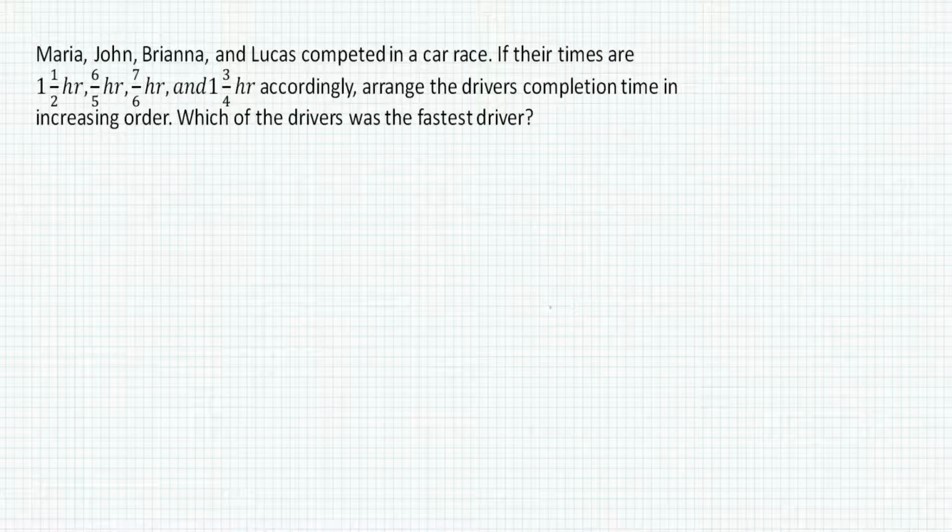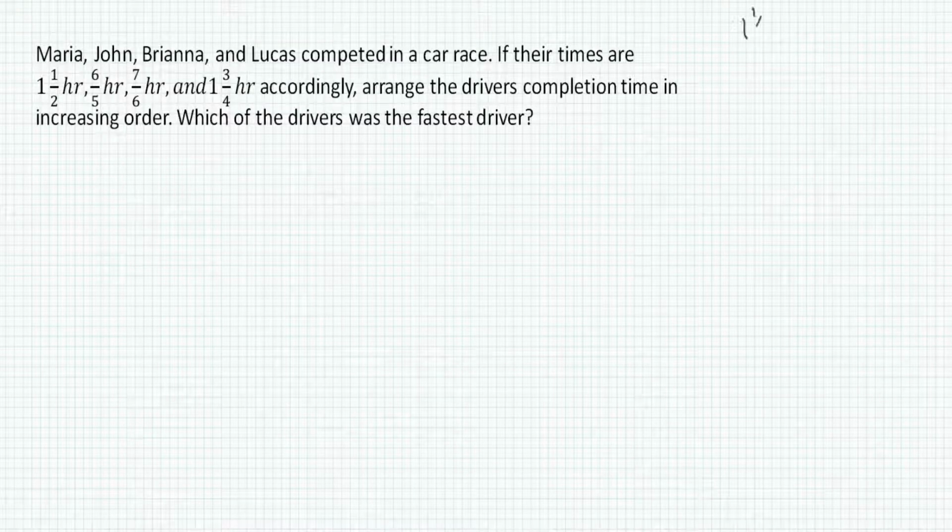The next example: Maria, John, Brianna, and Lucas competed in a car race. If their times are 1.5 hours, 6/5 hour, 7/6 hour, and 1 1/3 hours, accordingly, arrange the drivers' completion times in increasing order. The first thing we're going to do is convert every mixed number to an improper fraction.